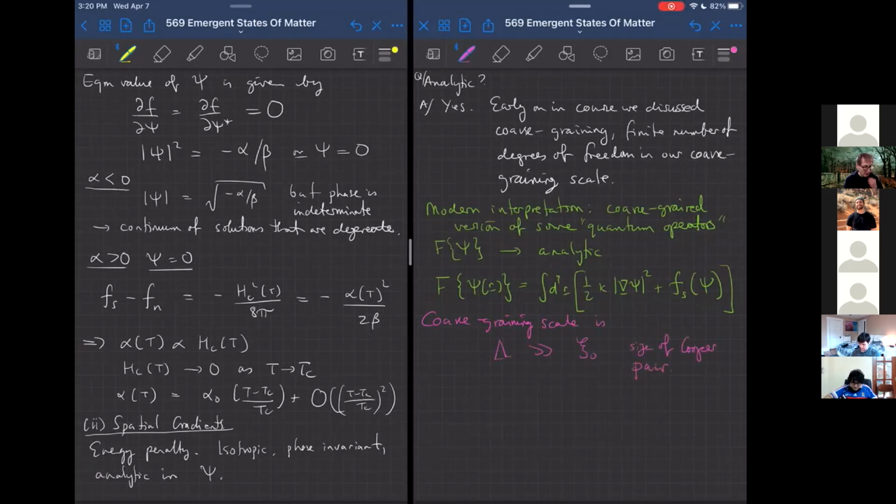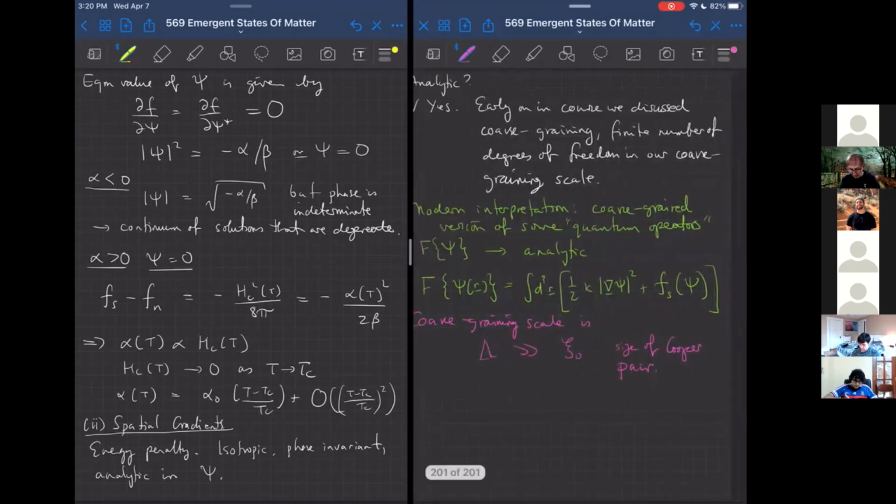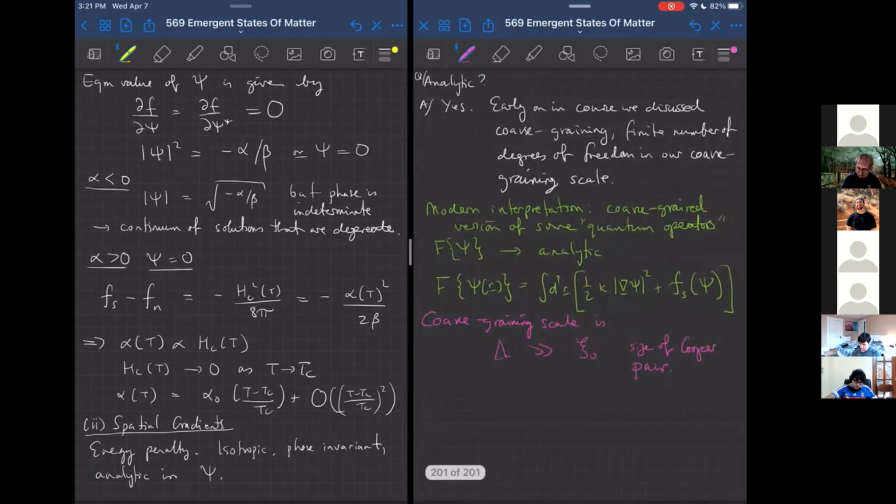So basically, we want to make sure that we have some Cooper pair size, and then we're looking at psi on a scale much larger than that. So it's slowly varying, and that's the natural scale where we expect this description to be adequate.